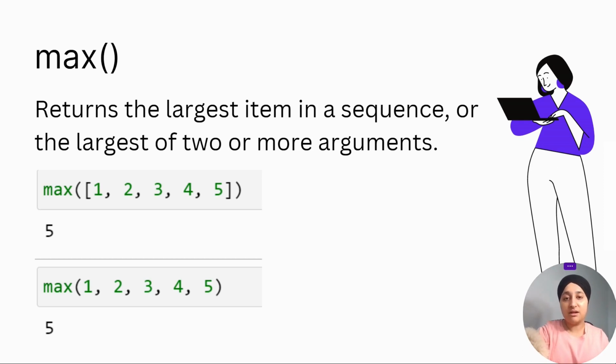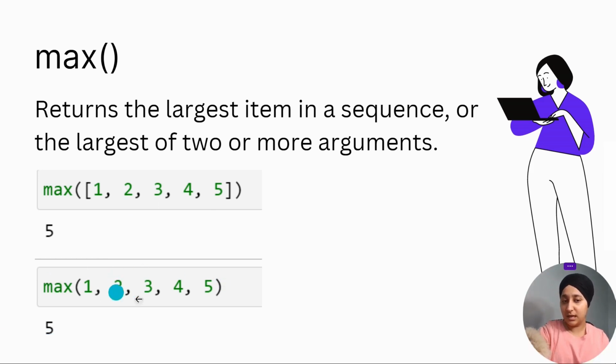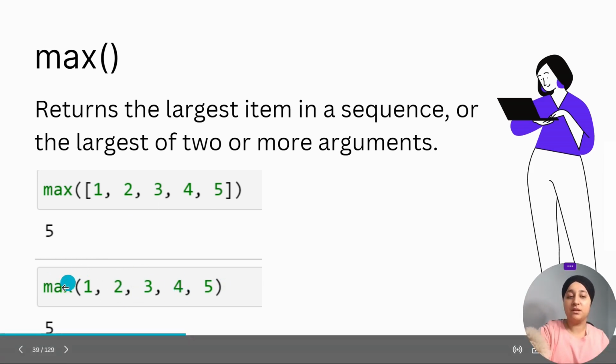It returns the largest item in a sequence or the largest of 2 or more arguments. You can see here, in the parenthesis of the max function, we are passing a list, and in this case the maximum is 5. We can also pass any number of elements as arguments in the argument list of the max function.